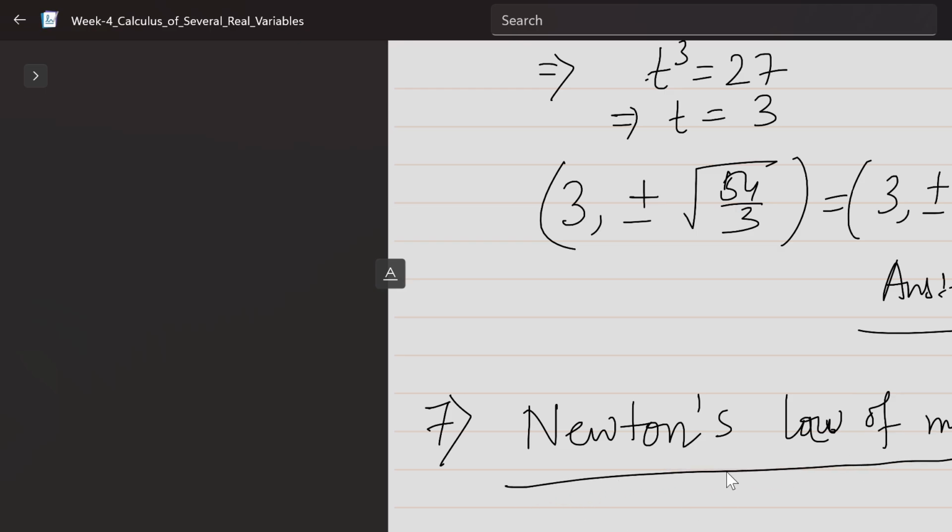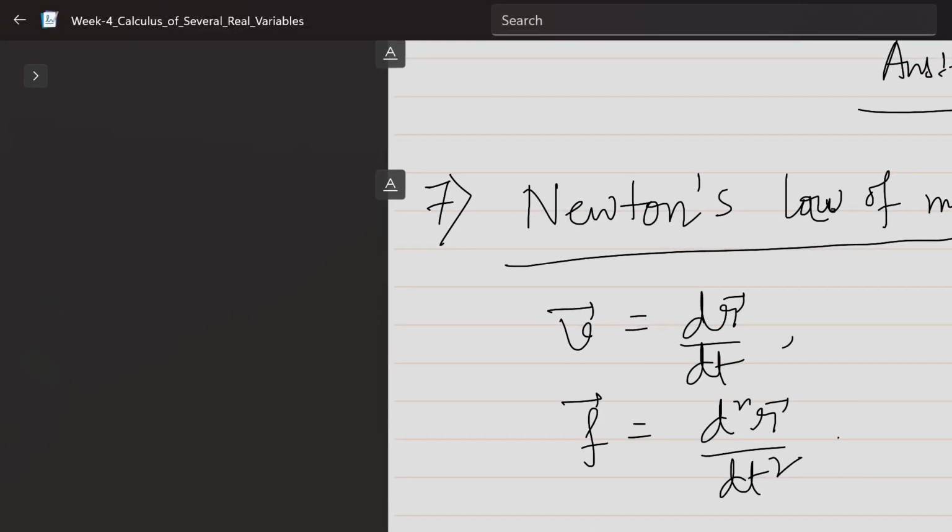So velocity means dr dt, where r is the position vector. And acceleration is d2r dt2. So it is a very easy question, where your position vector is given.